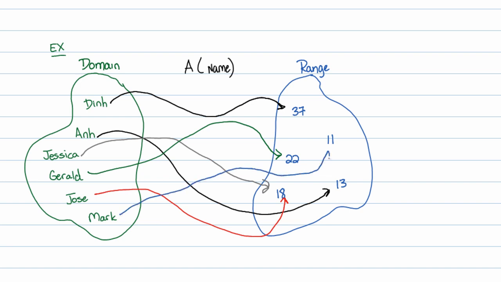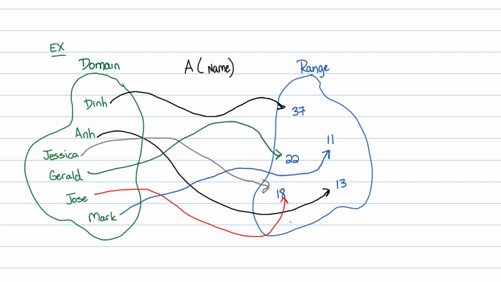It's a little bit of a mess, but you can see what's up. This is a function because if you input somebody's name, you get out a single output. Din's name responds with 37 years old, Mark's name with 11, and Jose's name with 18.